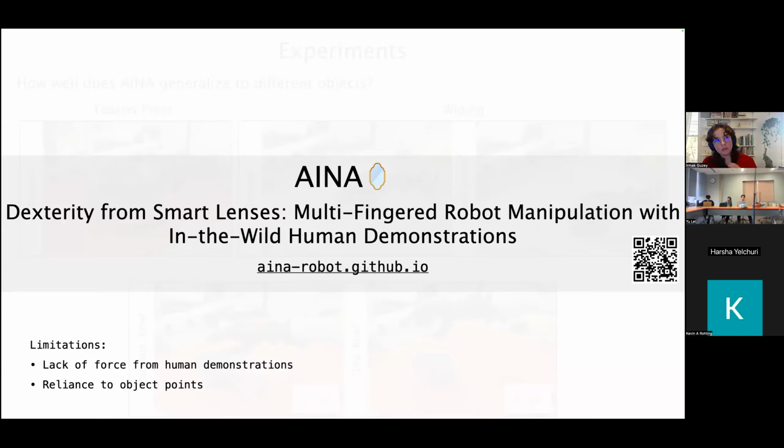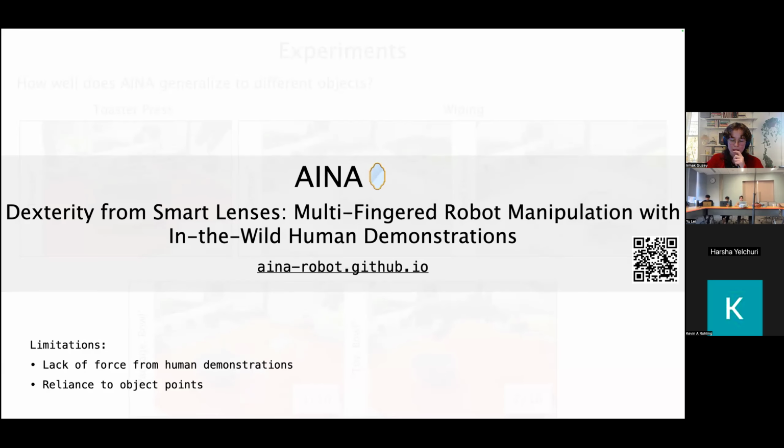I think the biggest limitation is the lack of force information from human demonstrations in general. I want folks to start thinking about this problem, because with the lack of this information we can only go so far in dexterous manipulation research.